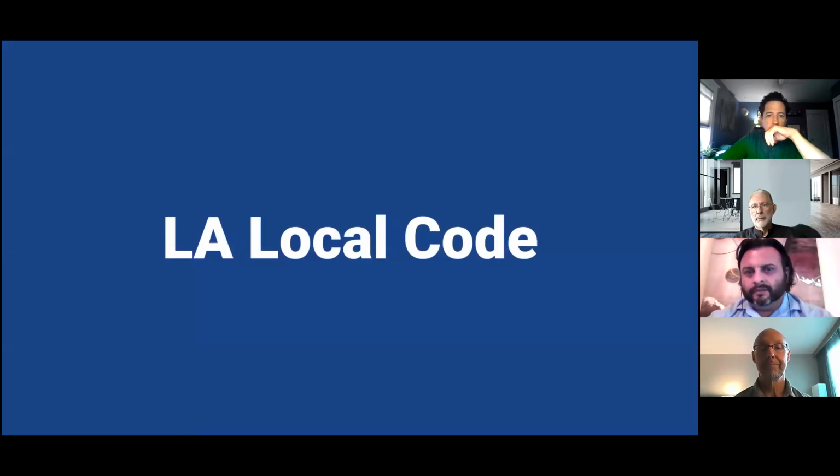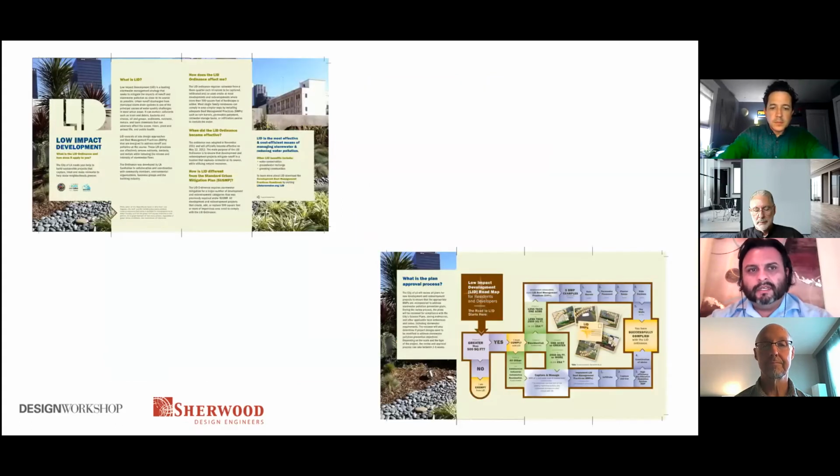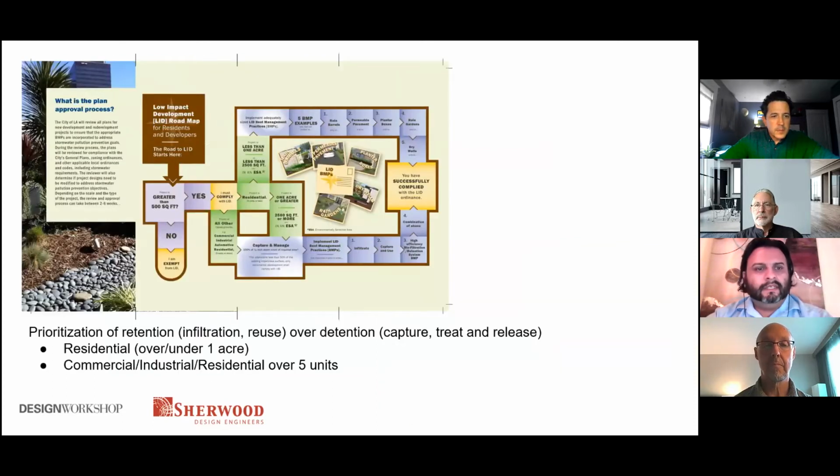So from the local code, it's really looking at the different watersheds throughout the greater Los Angeles area, and beginning to dive into how the city looks at stormwater management. Their low impact development manual describes that pathway, which tells us how the city prioritizes stormwater management on site.